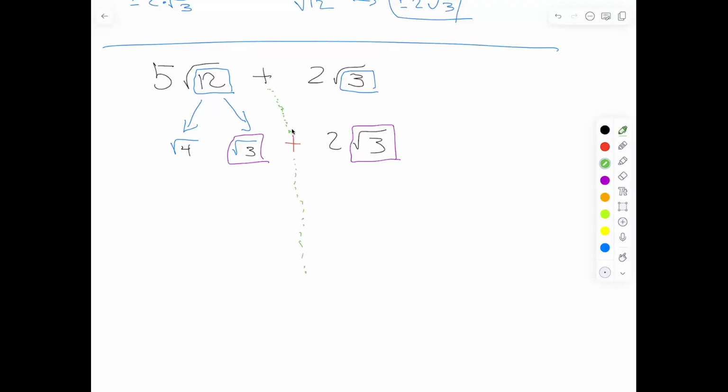So now on the left, what can I do with this 4? What do you think I could do here? 2. I could get a 2. So then this is going to become positive, negative 2 square root of 3, right?